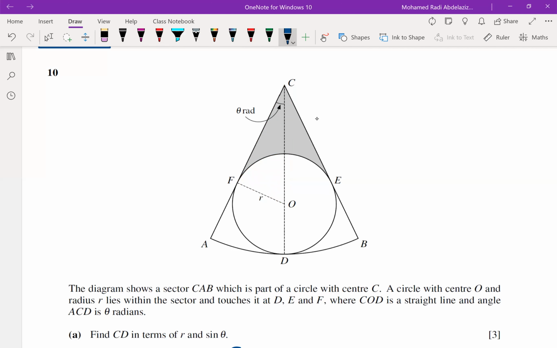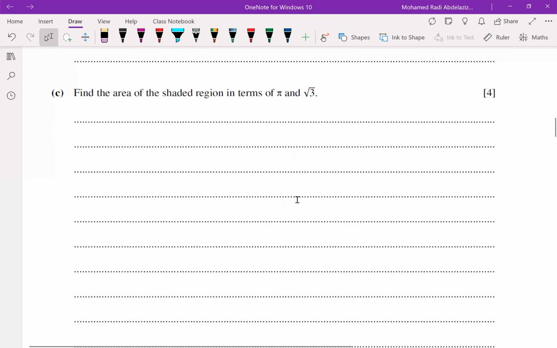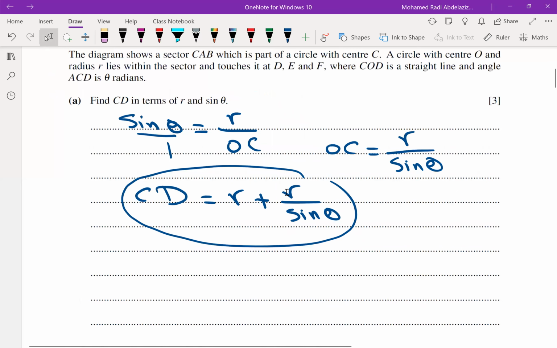The angle given is 1 over 6 pi, the radius given is 4. You can find FC, then use half base times height, by using tan 1 over 6 pi equals opposite, which is 4, over adjacent, which represents FC.